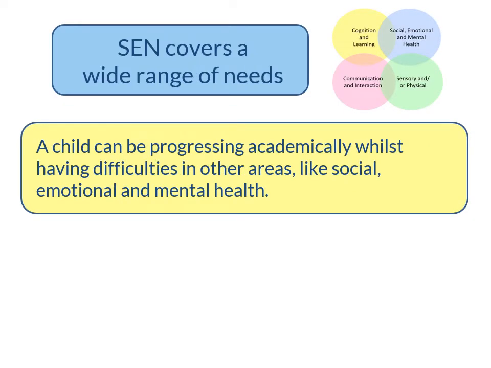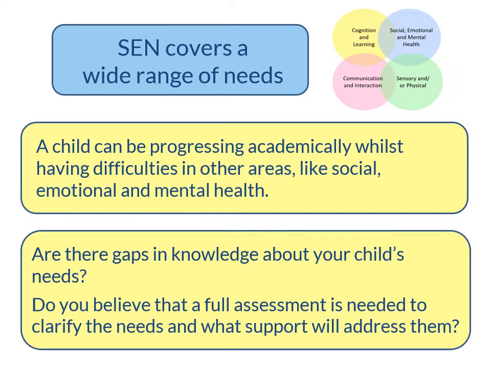Remember that SEN covers a wide range of needs. A child or young person can be progressing academically and still have difficulties in other areas like social, emotional and mental health needs. Do you believe that there are gaps in knowledge about your child's needs and that a full assessment is needed to find out what your child's full difficulties are and what help will address them?